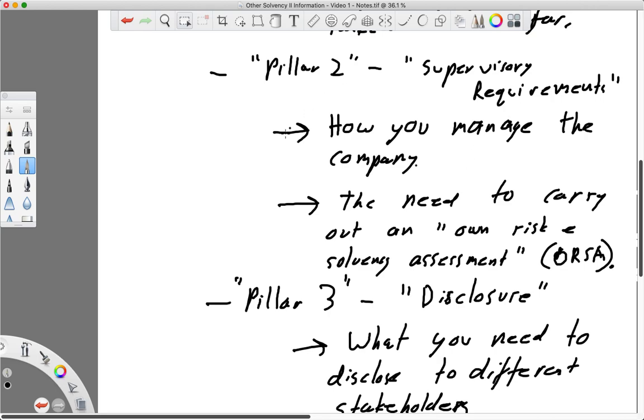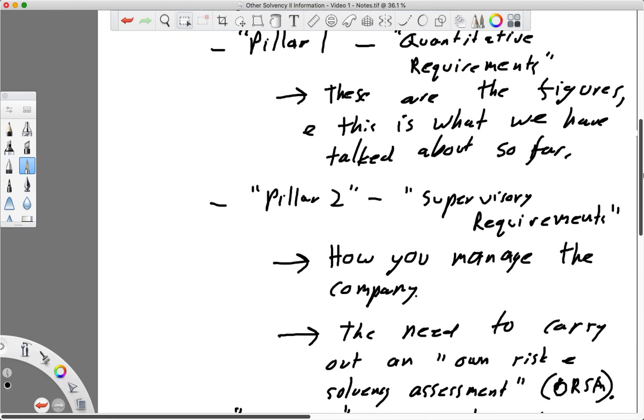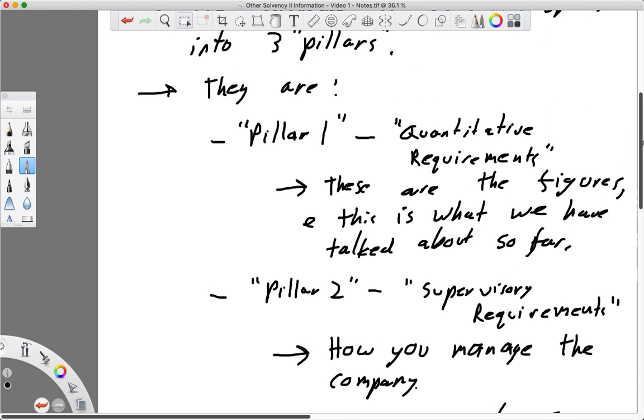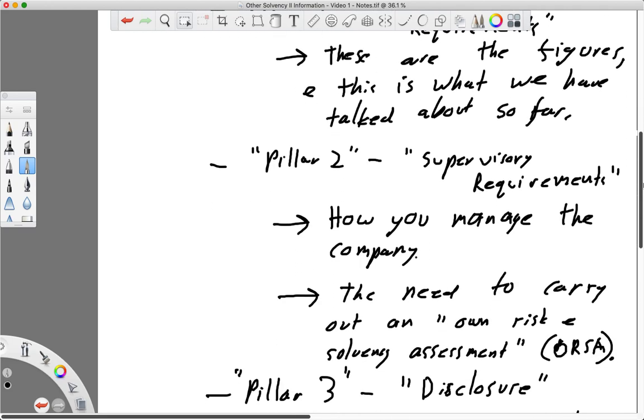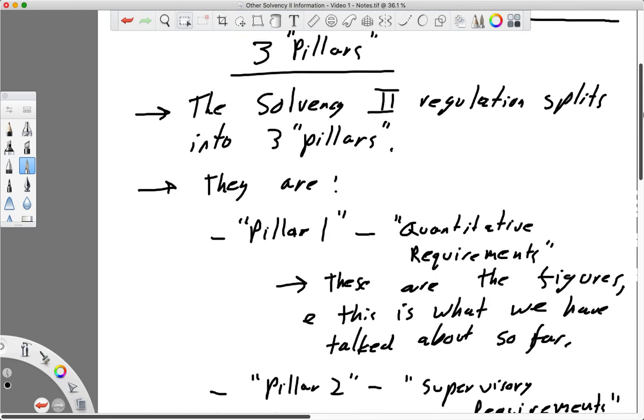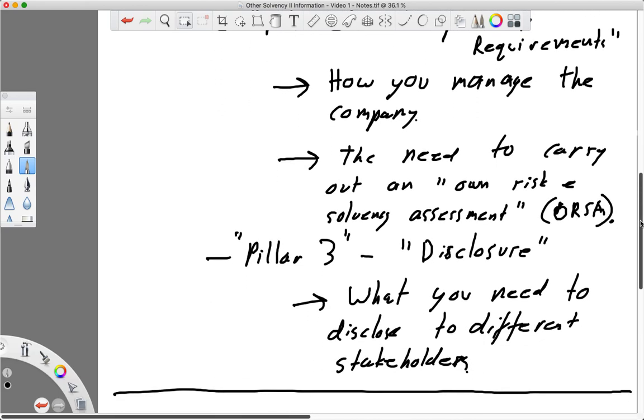Of these two, I would argue that Pillar 2 is the most important because it's all to do with how you manage the company. So you should definitely know that these three pillars exist. You should definitely know that an ORSA is required, and I think at this level those are the kind of main things that you need to hold in your brain about how the Solvency II legislation breaks down.